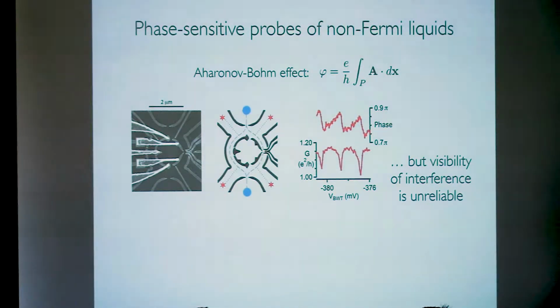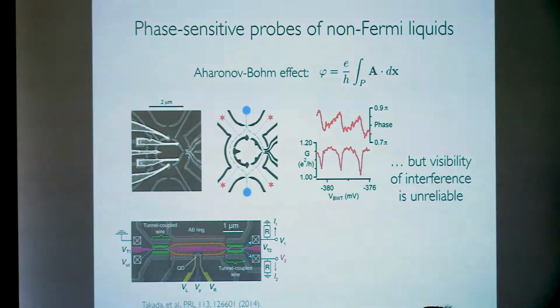We tried it. It sort of showed some interesting behaviors, but I'd say in general, the visibility of the interference is unreliable, and so we need to basically update this in accordance with more sophisticated electron interferometers that have been developed since we first started this study.